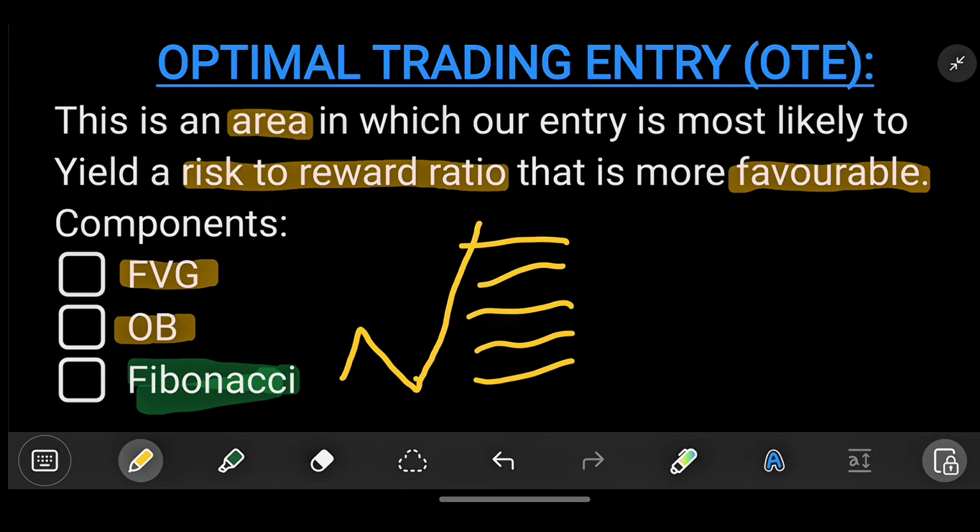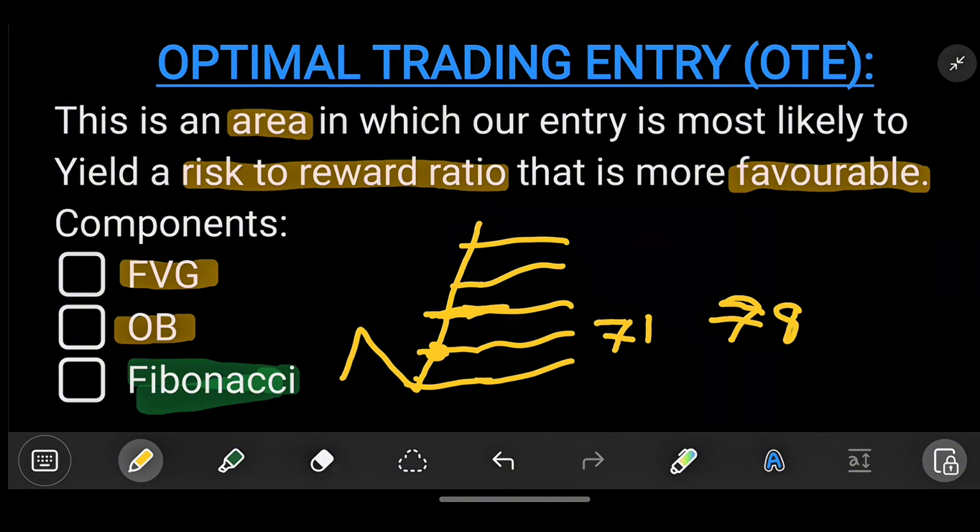When we put our Fibonacci tool, all it will do is give us the percentage of the length of this leg. So we're mainly using this so that we can know what our 50% marker is, and then we will take trades that are in line with anything that is past 50, something like 71, 78, such numbers, because those mean we would get a proper risk to reward ratio.